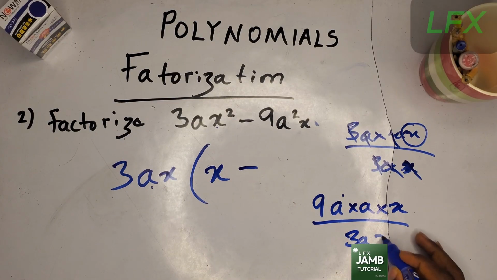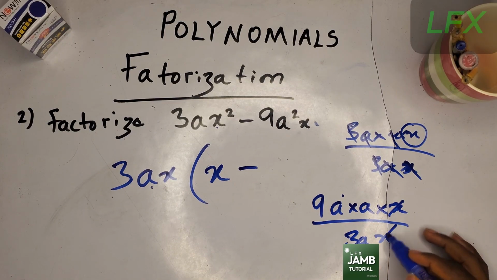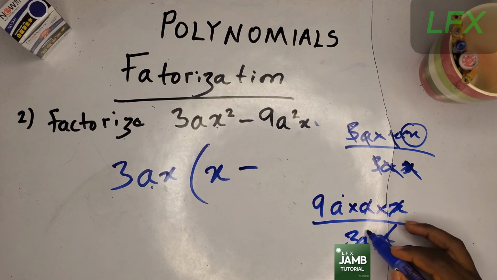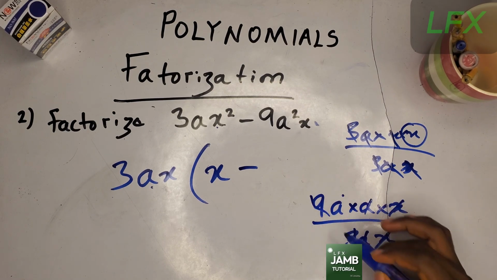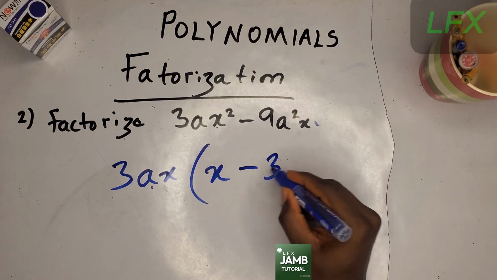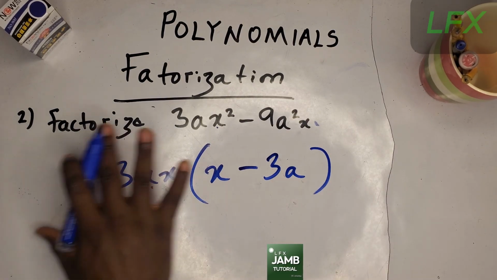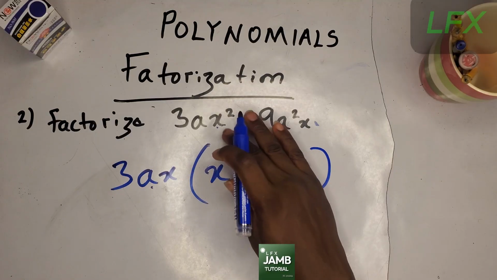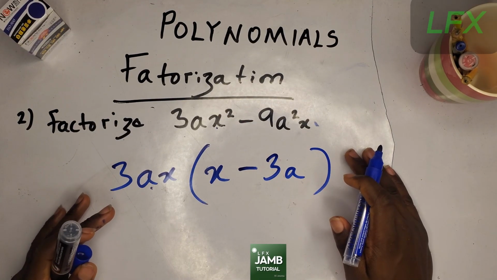That's what we are using to divide. And we have x cancel x, a cancel a, and 3 in 9 gives us what? 3. So practically what we are left with is 3 and a, which gives 3a. So we've just completely factorized 3ax squared minus 9a squared x.